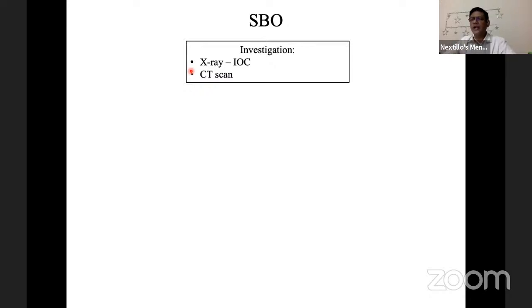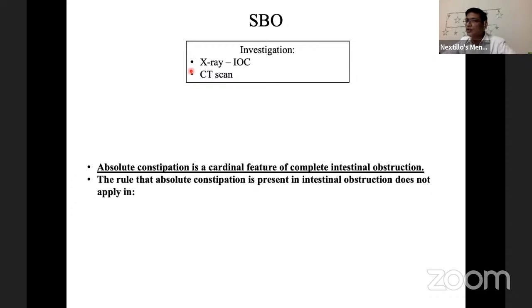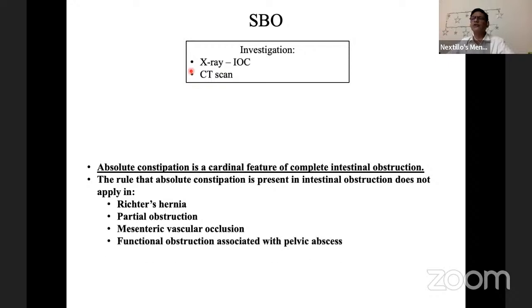And one thing that we have already discussed, that absolute constipation is a cardinal feature of intestinal obstruction. But remember this, that this rule is not always true. The rule that absolute constipation is present in intestinal obstruction does not apply in a number of scenarios, like Richter's hernia, partial obstruction, mesenteric vascular occlusion, functional obstruction associated with pelvic abscess, or any type of functional obstruction.